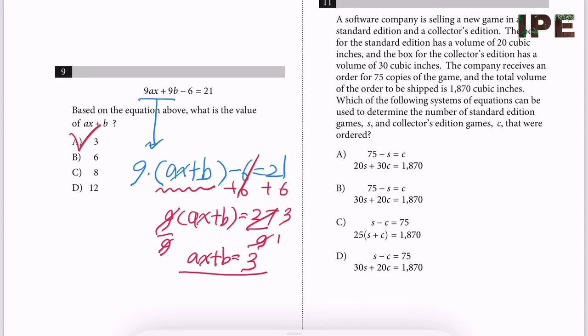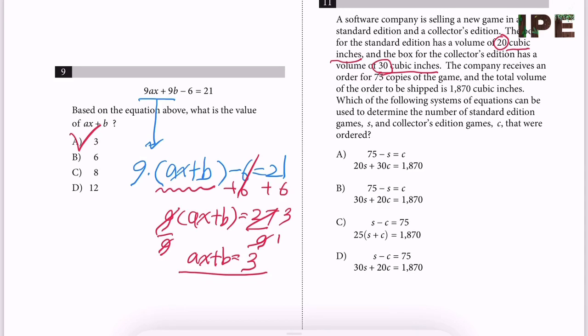11. A software company is selling a new game in a standard edition and a collector's edition. The box for the standard edition has a volume of 20 cubic inches. And the collector's edition has a volume of 30 cubic inches. The collector's edition has a bigger volume, right?